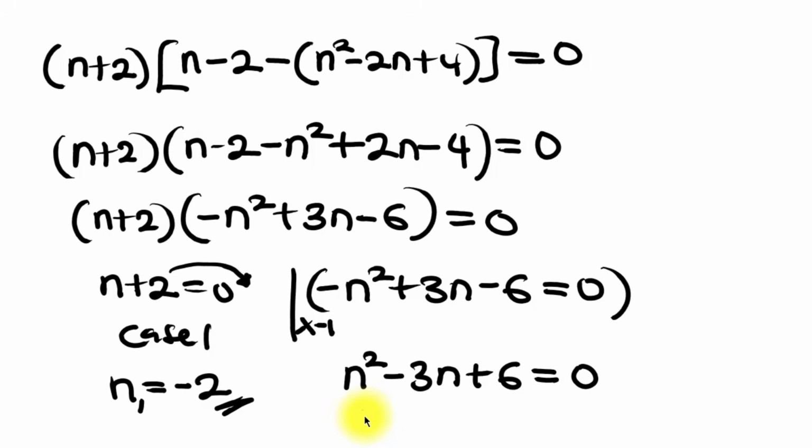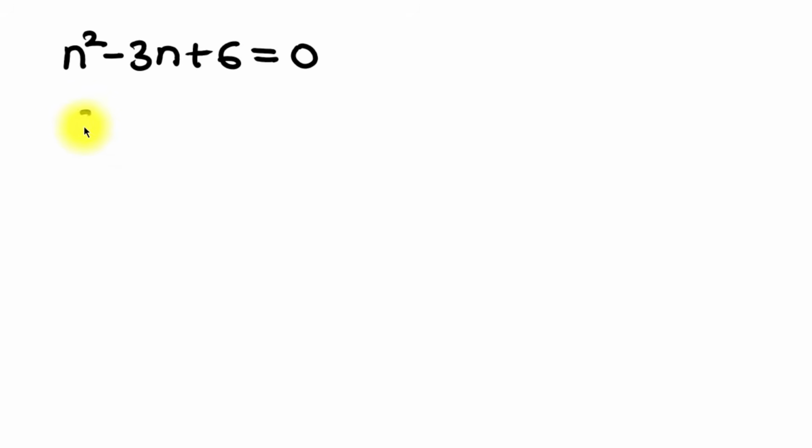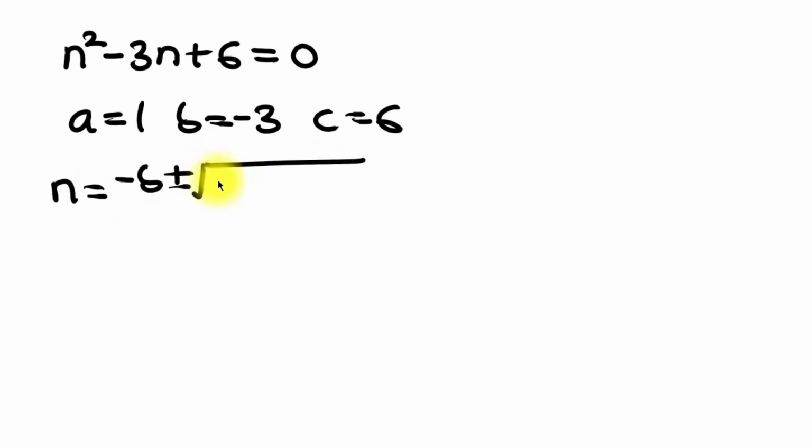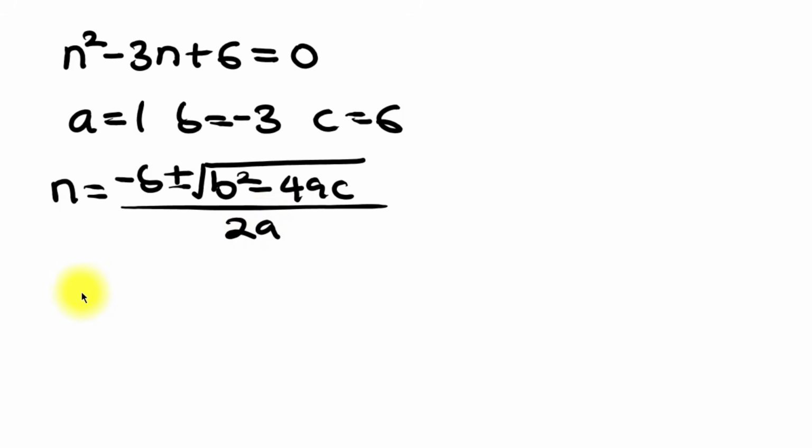Now let's solve using the quadratic formula. Our a from here is 1, our b is negative 3, and our c is 6. So the quadratic formula is n equal to negative b plus or minus the square root of b squared minus 4ac all over 2a. Now let's work with this formula.